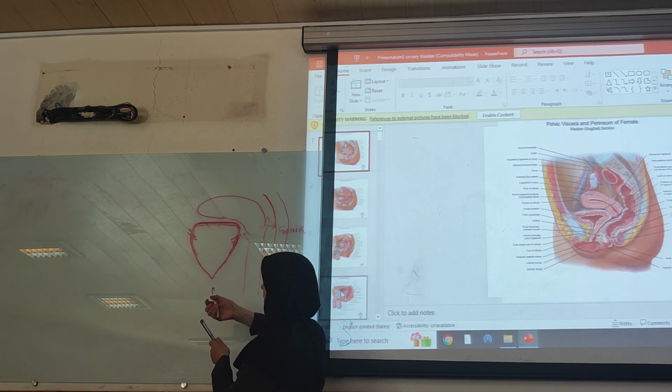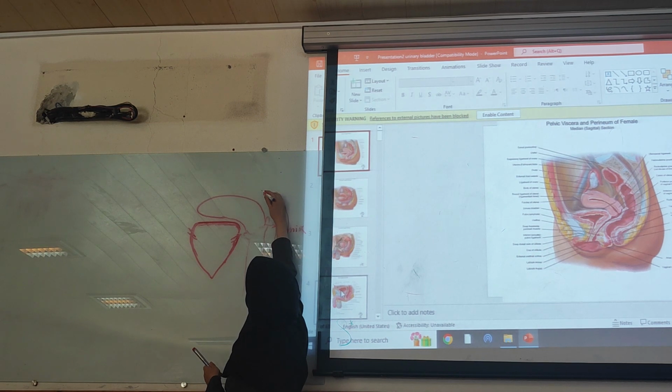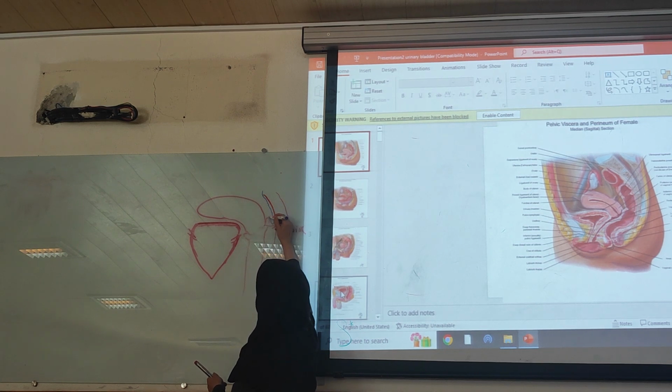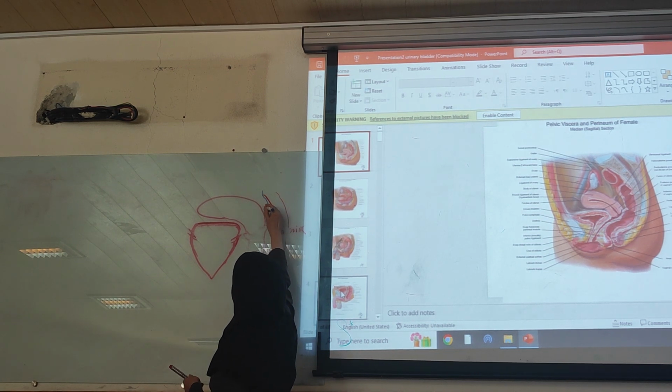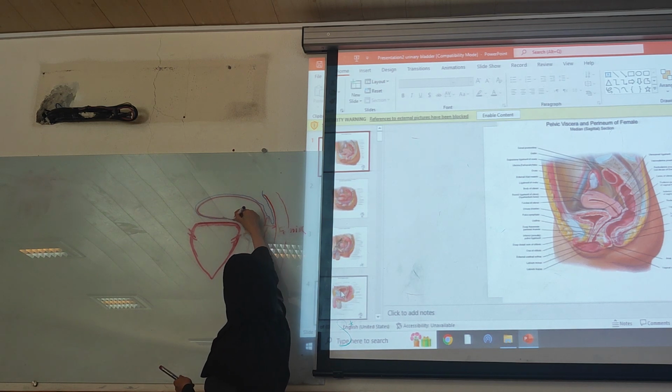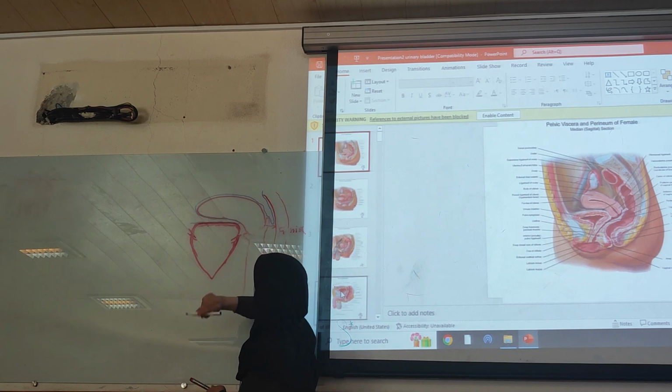You know the reflection of the peritoneum. The peritoneum anterior to the uterus here is reflected to the posterior surface of the vagina, the posterior surface of the uterus, the anterior surface of the uterus, and here reflects to the superior surface of the urinary bladder.